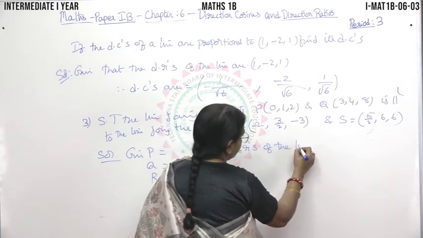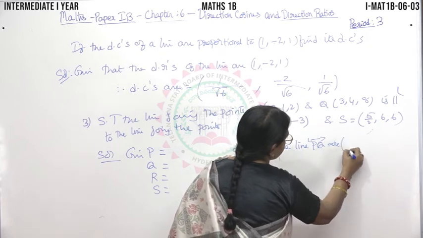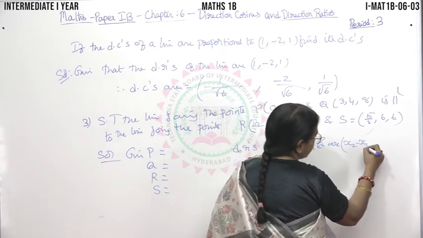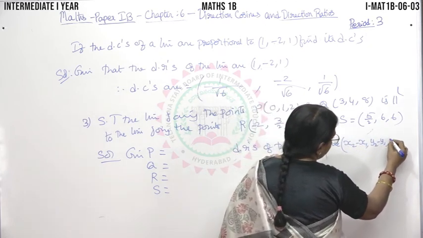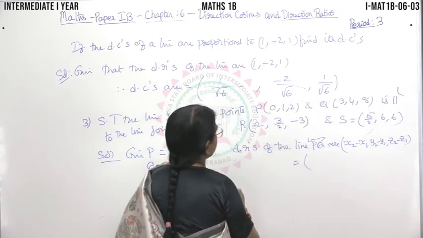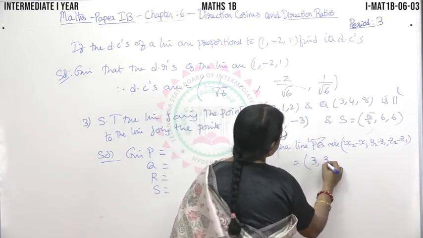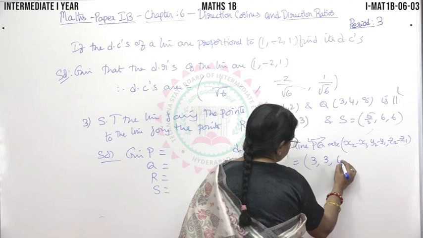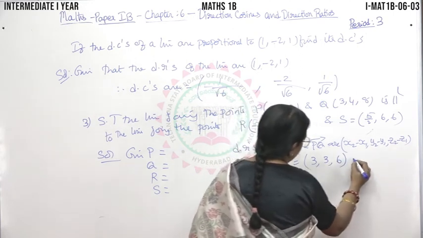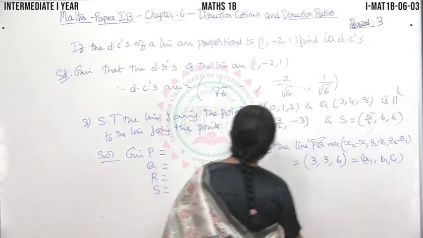The formula is x2 minus x1, y2 minus y1, z2 minus z1. So when you subtract, x2 minus x1 is 3, y2 minus y1 is 3, z2 minus z1 is 8 minus 2, 6. So these are the DRs, and you name them A1, B1, C1.